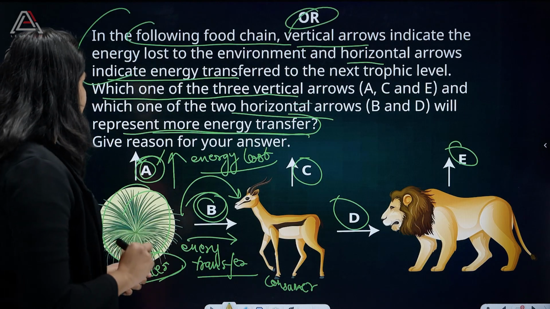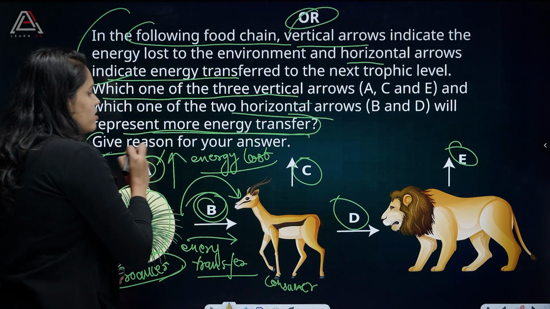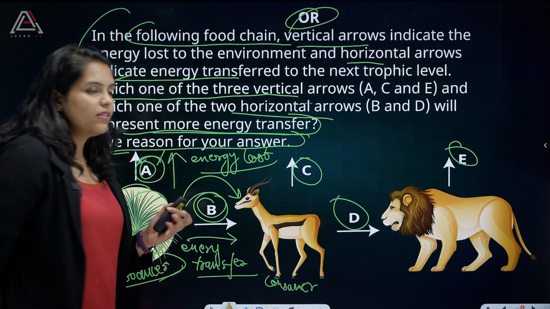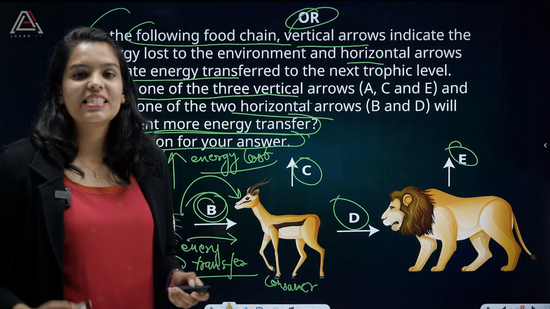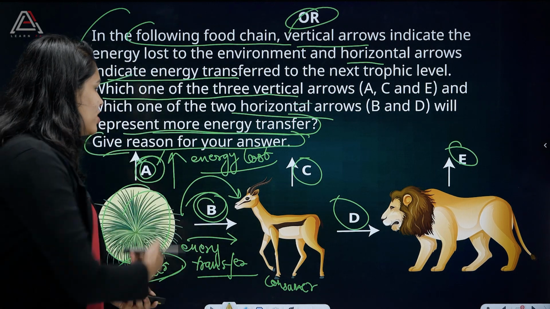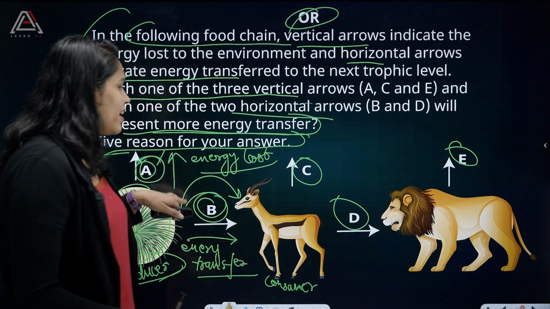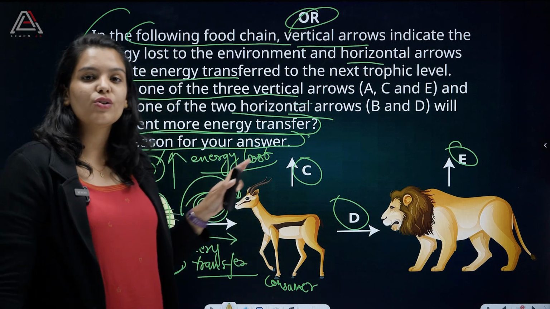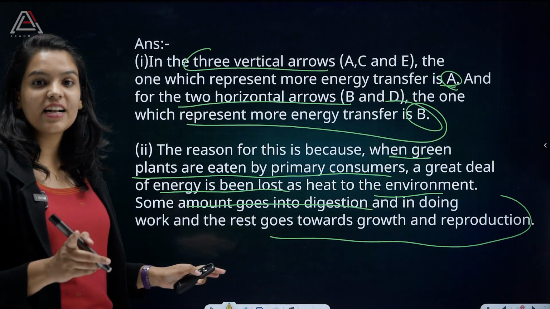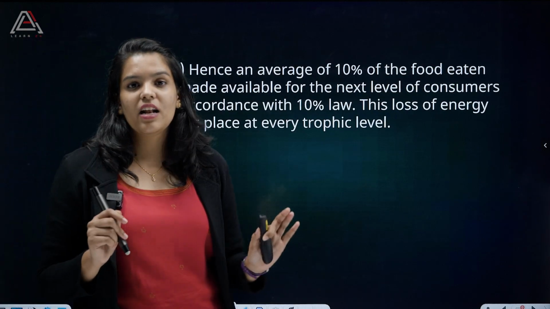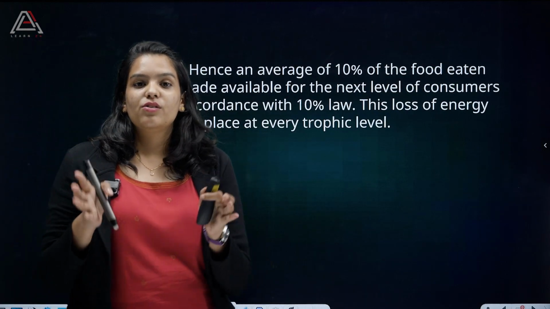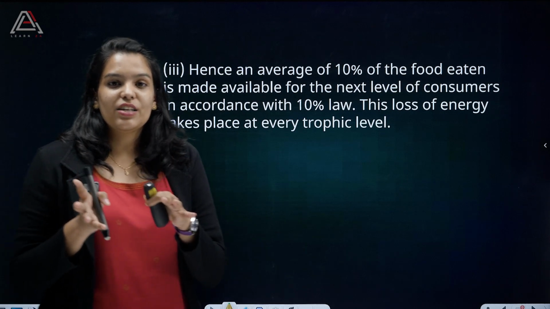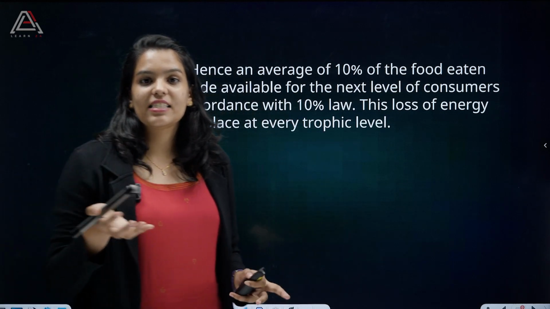There is one more part in this question, that is, give the reason for this answer. Why is this happening? Why is energy transferred here, and why is a high amount of energy lost here? You have studied the 10% law, right? Only 10% of the energy is transferred to the next level.